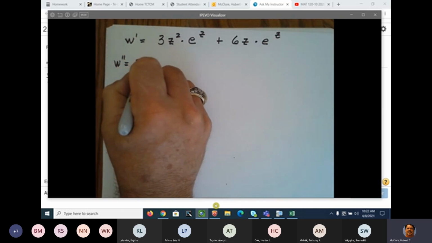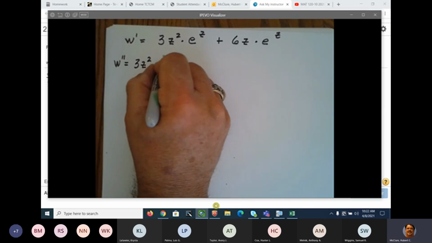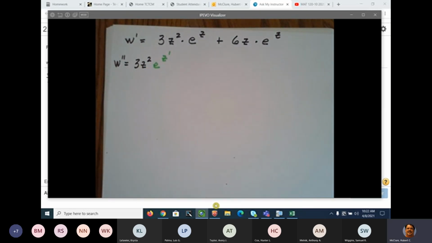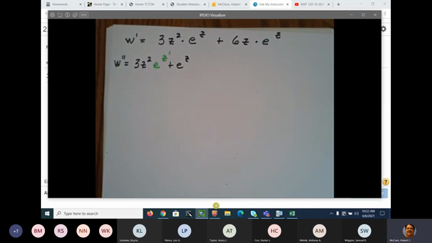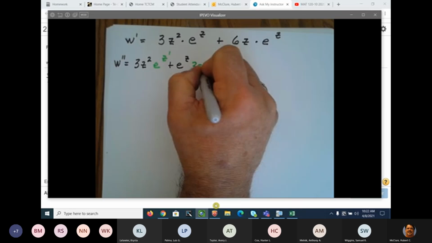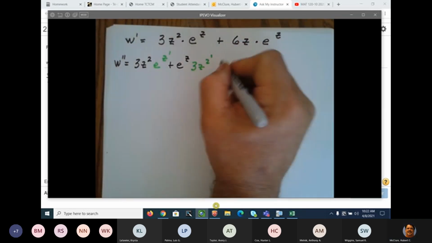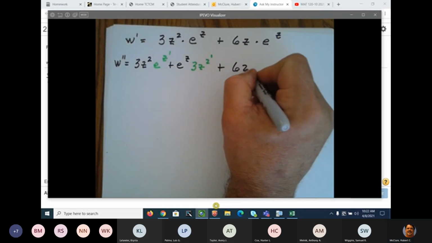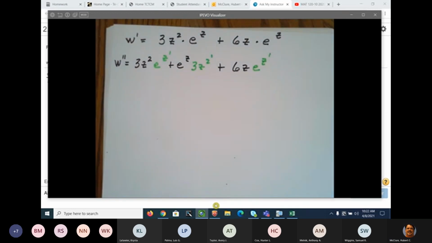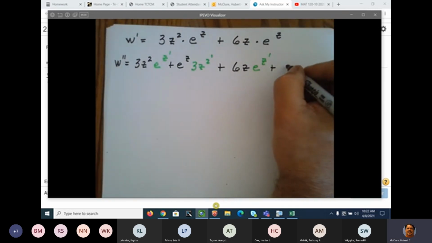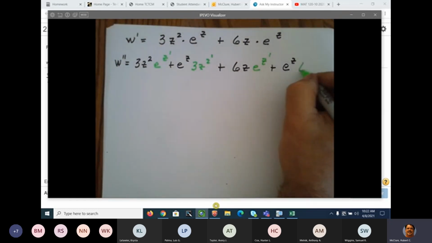First times the derivative of the second plus the second times the derivative of the first, plus the first times the derivative of the second plus the second times the derivative of the first.